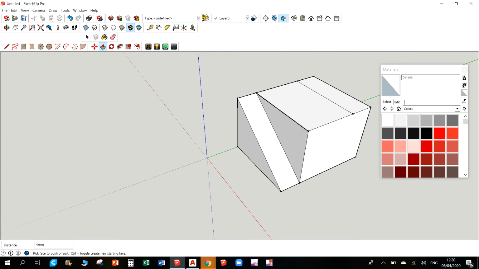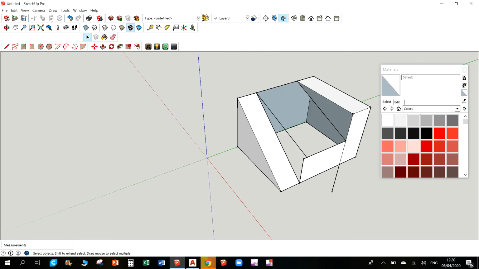Okay, here we have another slope, which is something like this. Okay, this is just a reference, so when we design in perspective, we can refer to this 3D model for reference.